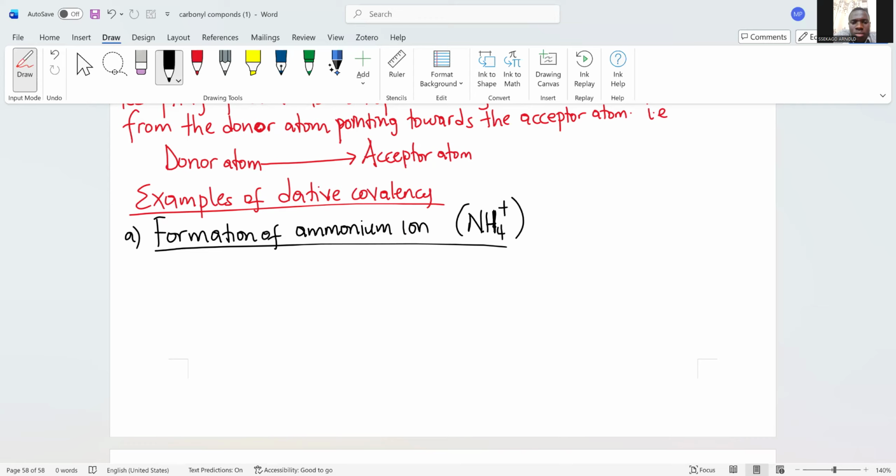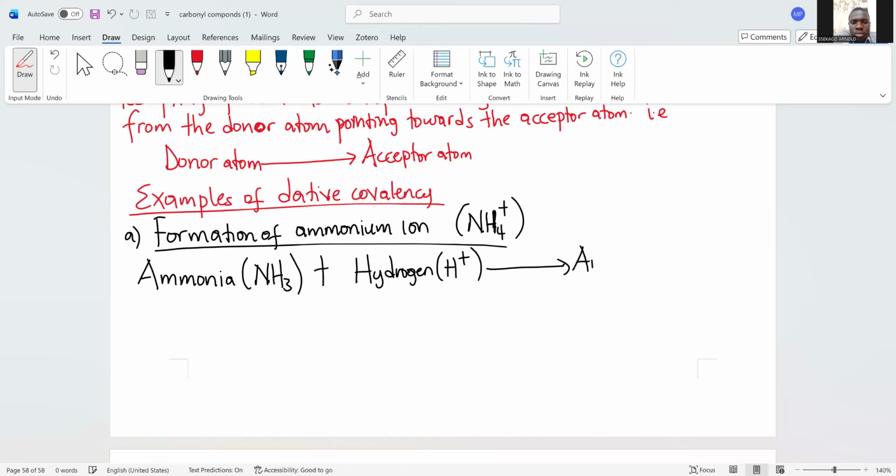So ammonium ions come from ammonia, which is NH3, plus hydrogen ion, forming the ammonium ion. Yeah, it is formed from that combination.